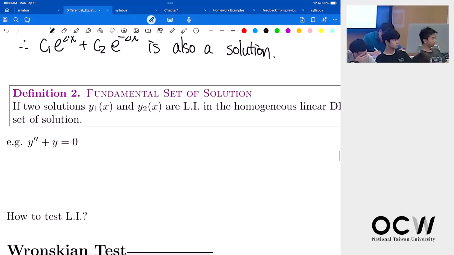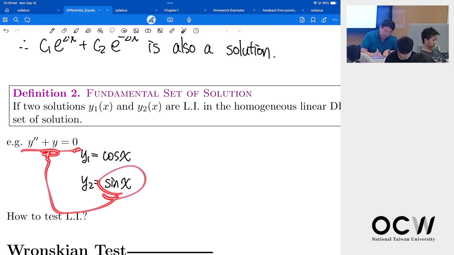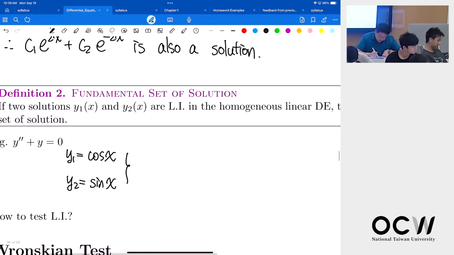But so far, suppose y1 is cosine. And of course, when we have the sine function, bring it back to this differential equation, that also satisfies it. And these two solutions are independent.